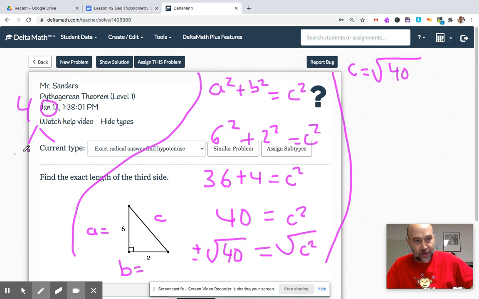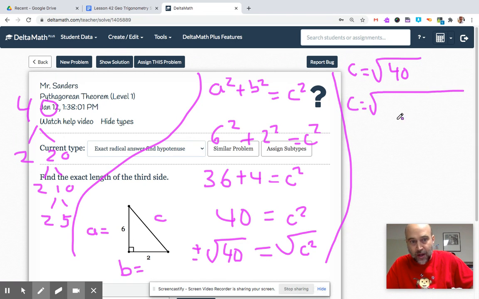So 40 is really 2 times 20. 20 is 2 times 10. And 10 is 2 times 5. All right, so that's the prime factorization. So c is really equal to the square root of 2 times 2 times 2 times 5. Now, my trick is I pull out pairs.